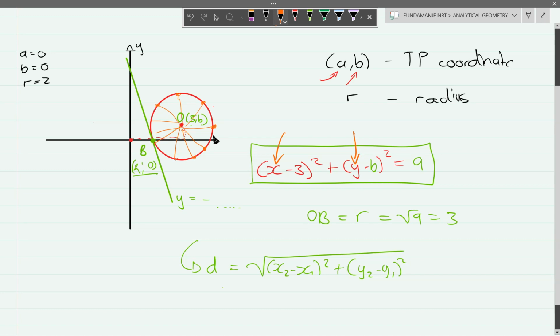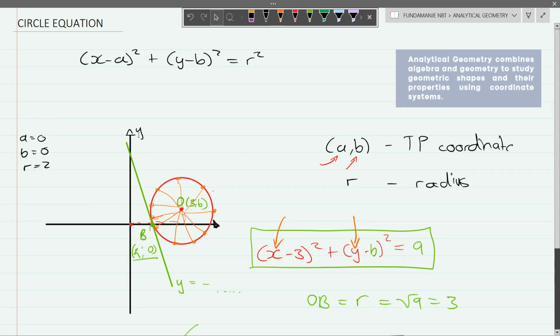You don't need to know it too in depth, but being aware of these similarities can be the difference between you answering certain application-type questions and not being able to. So that's it for the circle equation under analytical geometry.